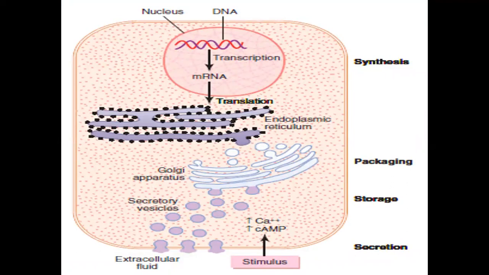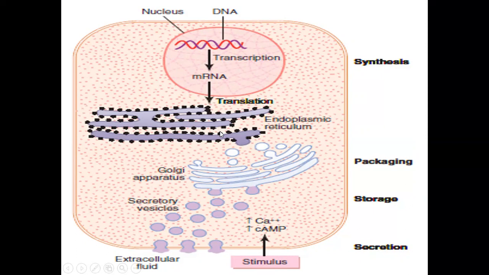Now, originally, you learned that proteins are synthesized in the endoplasmic reticulum, with a proper signal directed by the nucleus, the information copied from the nucleus. This material is actually translated into proteins in the endoplasmic reticulum.